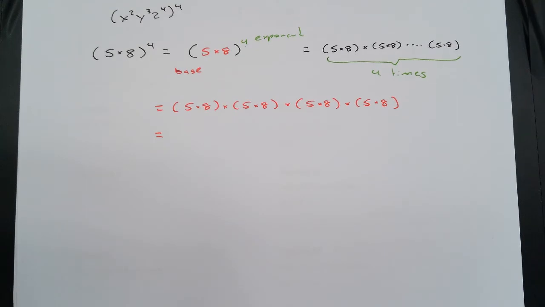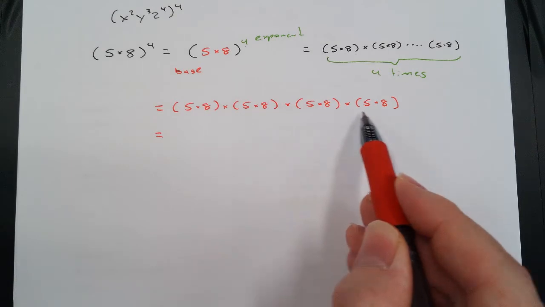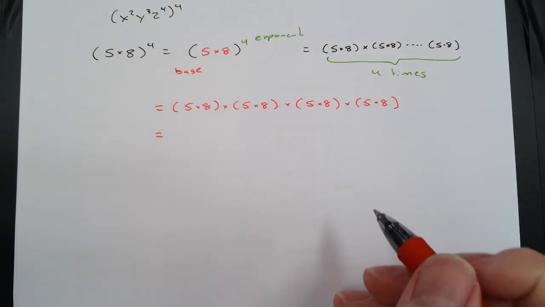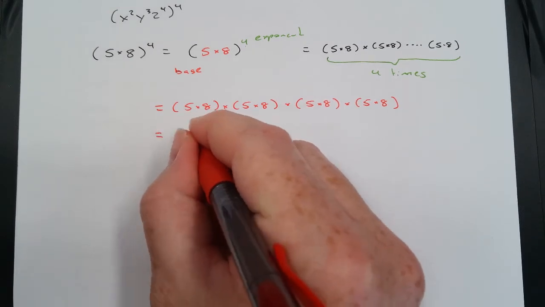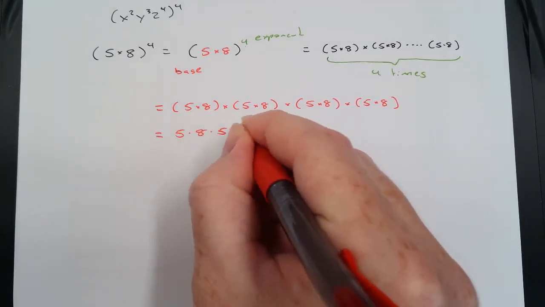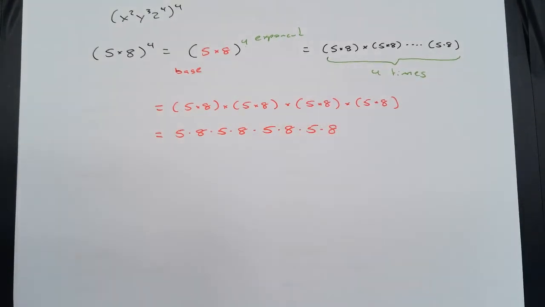Now, because every kind of math in this expression is multiplication, I can just get rid of all the parentheses and we just have multiplication. So this is going to be 5 times 8 times 5 times 8 times 5 times 8 times 5 times 8. You get rid of those parentheses. It's all multiplication. I don't need the parentheses.